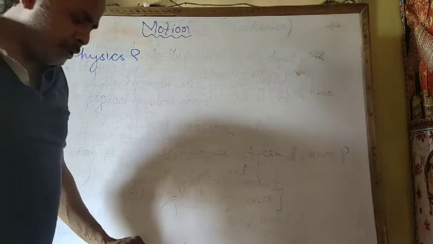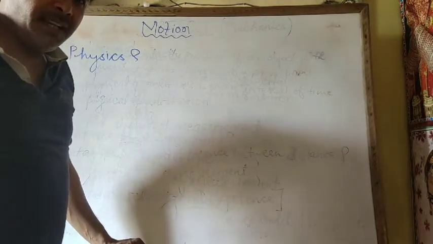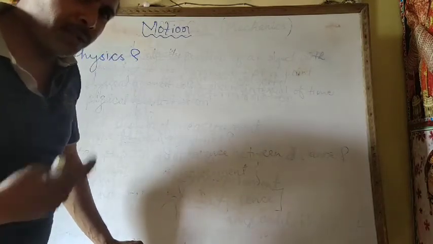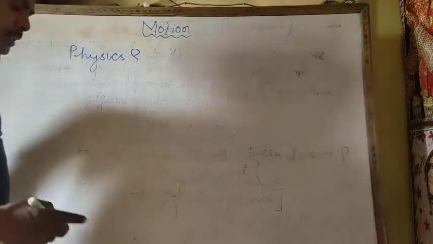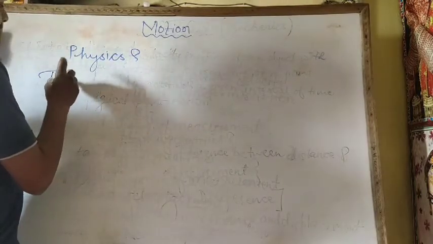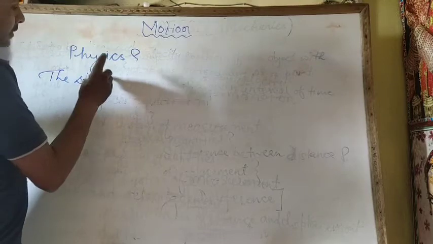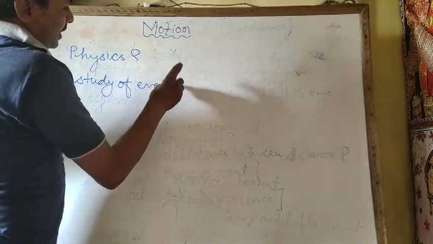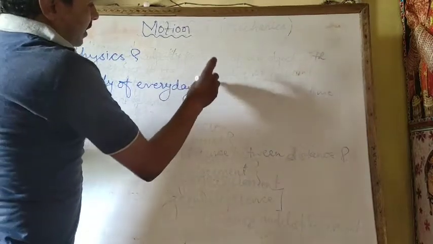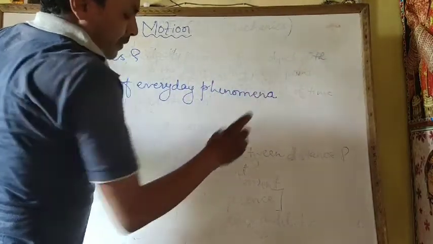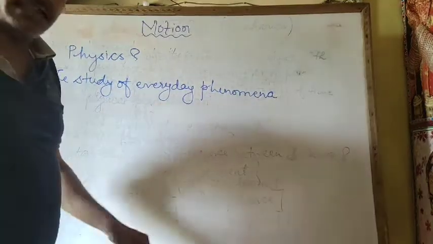can be explained in physics. So, to define the term physics, we can take the help of whatever I have told: the study of everyday phenomena. Phenomena means a kind of event.